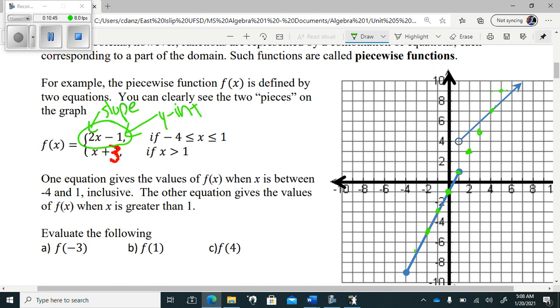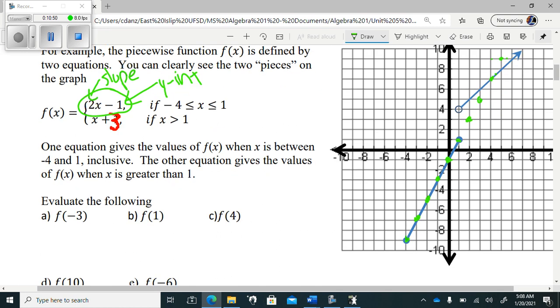Do you see that some of my green dots really are landing on some pieces of graph that are already attached with the line? So what we used to do is draw a full line with the arrows. So now we're not drawing a full line with arrows, and that's because we're only graphing a piece of this function. So I'm going to leave my green dots because I started at the y-intercept and then did my slope.